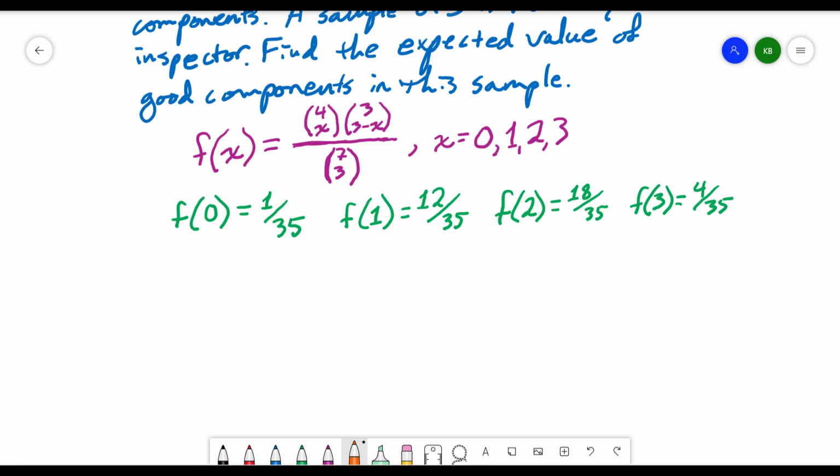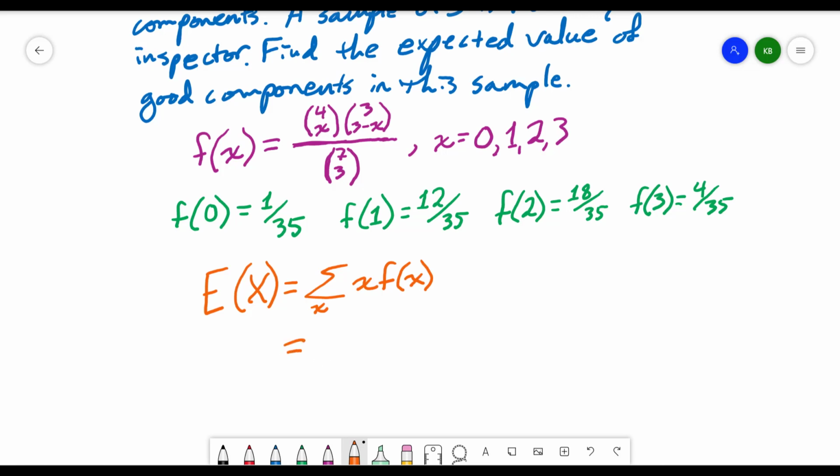So now that I have the values for my probability distribution, I can use my definition and say my expected value of x is going to equal the sum over all the values of x, so 0, 1, 2, and 3, of x, f of x.